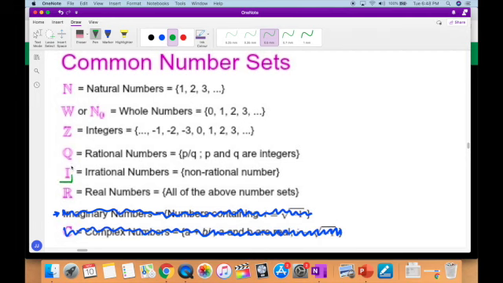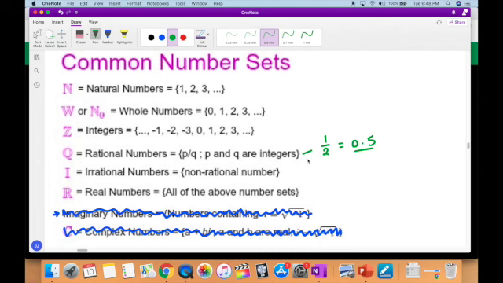Now after rational numbers, we have irrational numbers, right? An irrational number is a number where we do not know the true value. It is a number that cannot be expressed as a fraction. For example, a half is 0.5, and so this is a rational number.